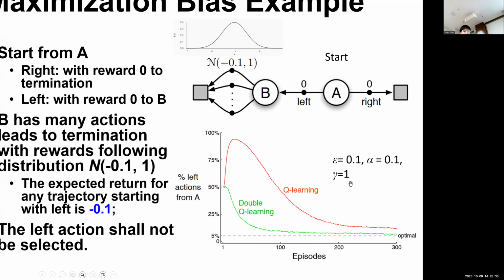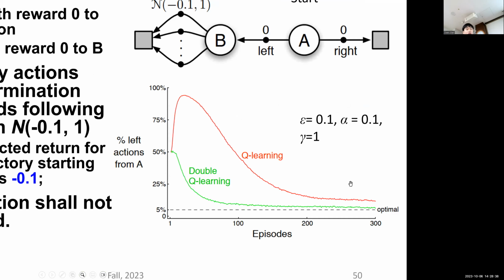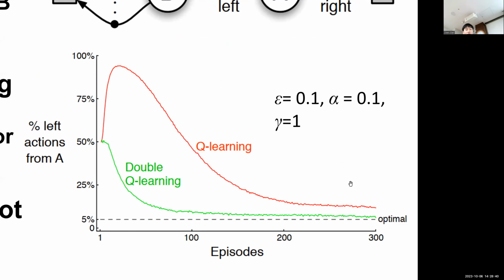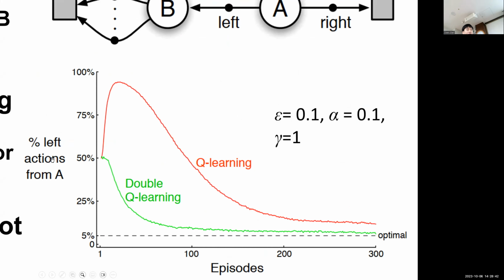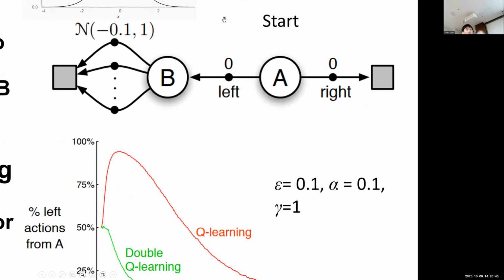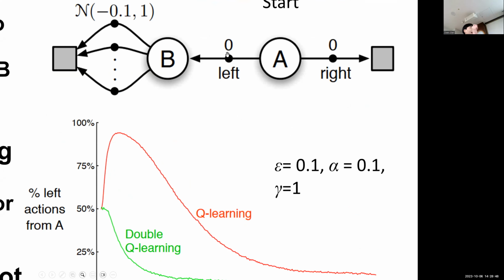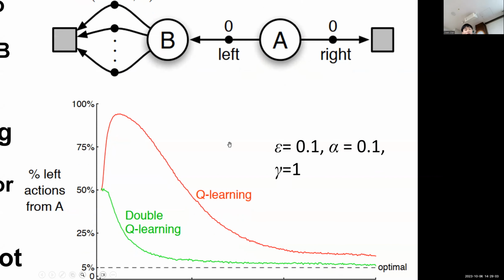If you run this simulation with Q-learning, we have these episodes and the percentage of left action from A. Remember, left action is the less desired action, because if you run it enough, the average is minus 0.1. The reward is lower than the right. We need to get higher reward; 0 is better than minus 0.1, right?